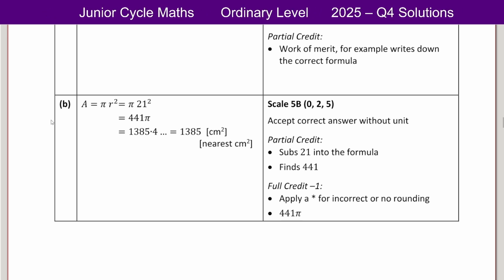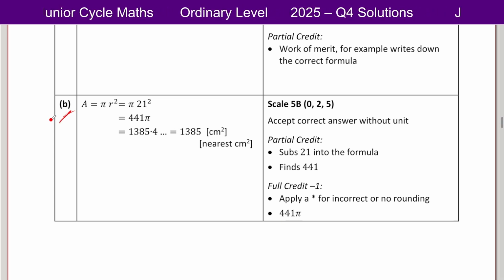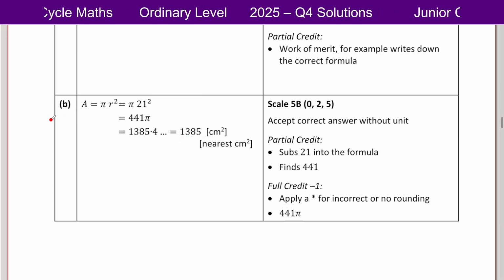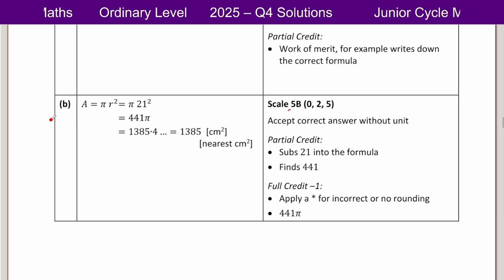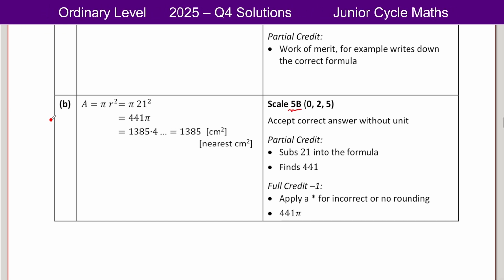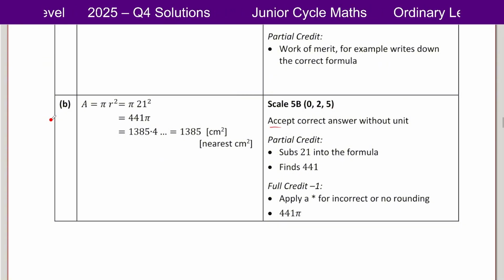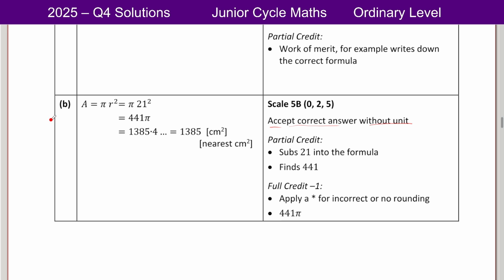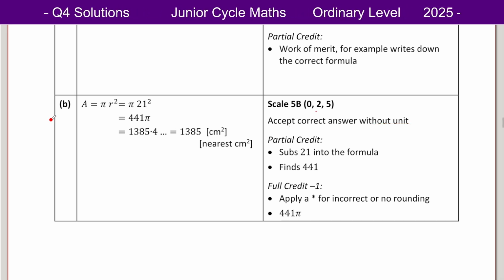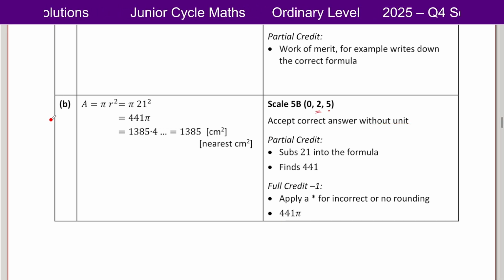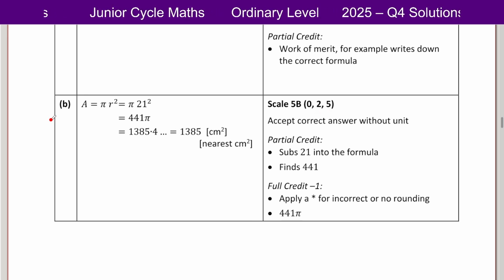Okay, and in the second part, here is the correct answer, and again it is on the scale 5B, 5 marks with the 3 subcategories. Again the answer is acceptable without unit as well, and we may get 2 out of 5 in the case of partial credit.